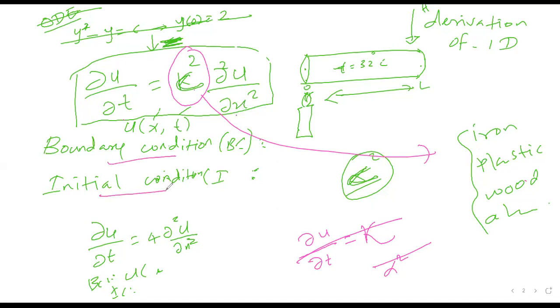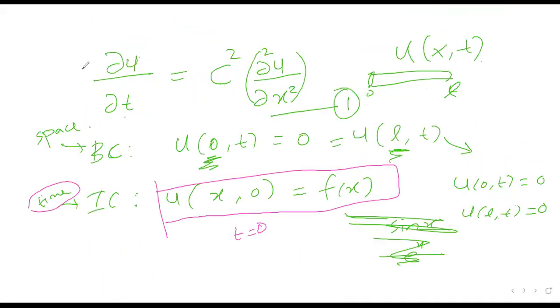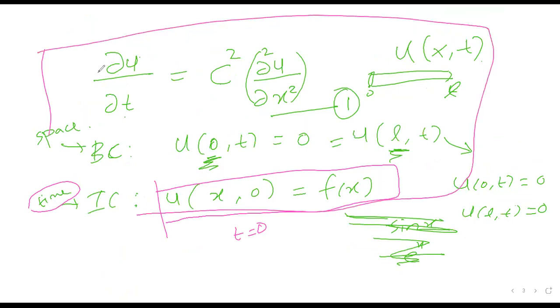Also, we have given boundary conditions and an initial condition to get our finalized solution. Without them we can't solve it. This is my equation number 1 for the one-dimensional case.